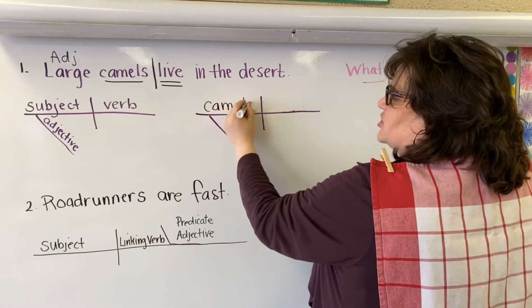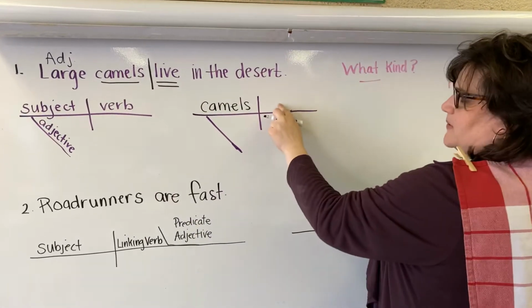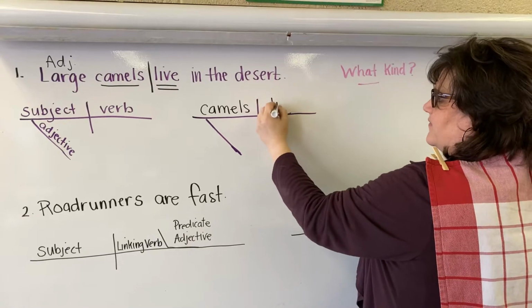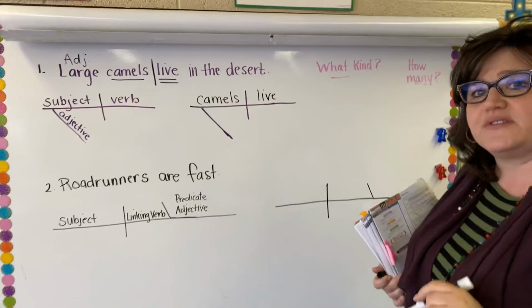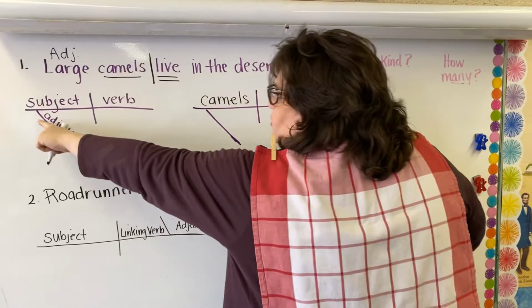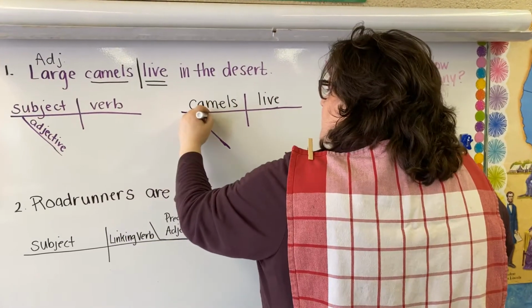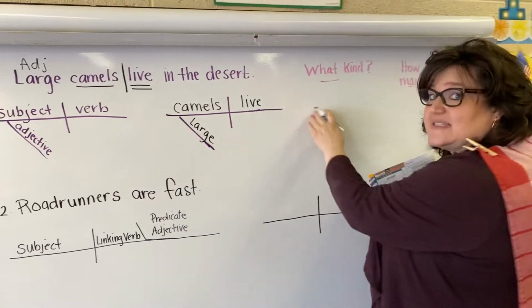What do camels do, or what is the verb? Camels live. The verb goes there. So I'm going to put it right here. Camels live. And what word is describing camels? The word that describes camels in this sentence is large. The adjective goes there, so I'm going to put my adjective right here. And that sentence is done.